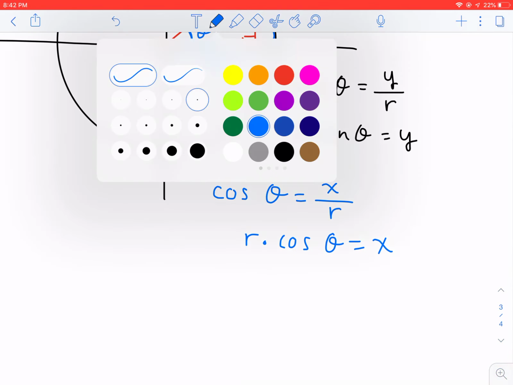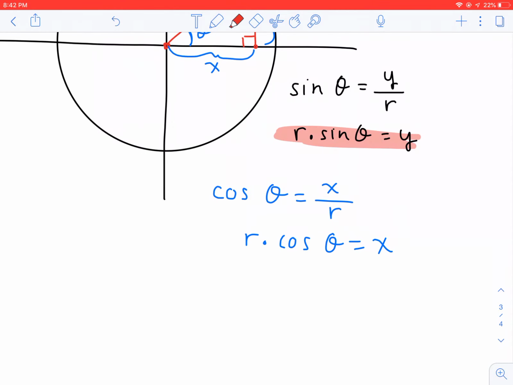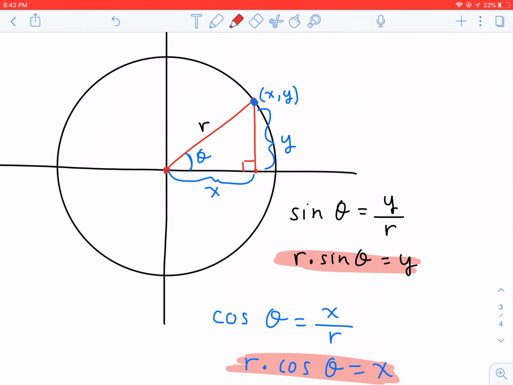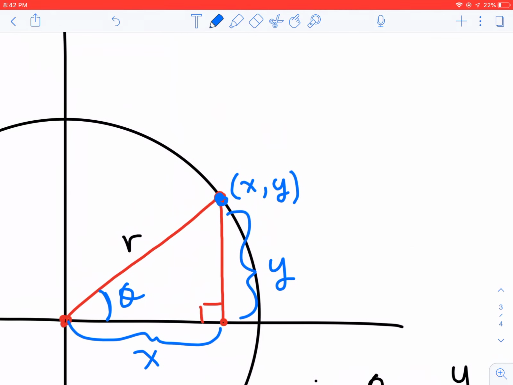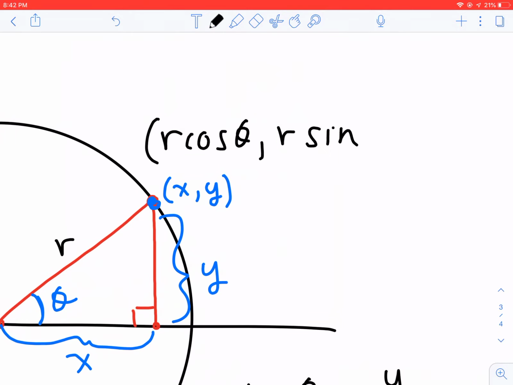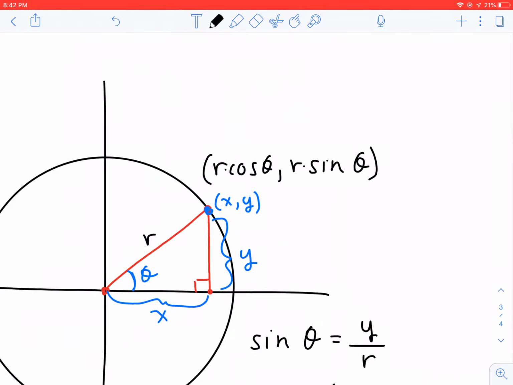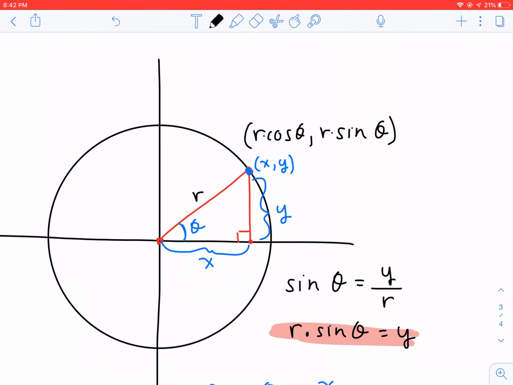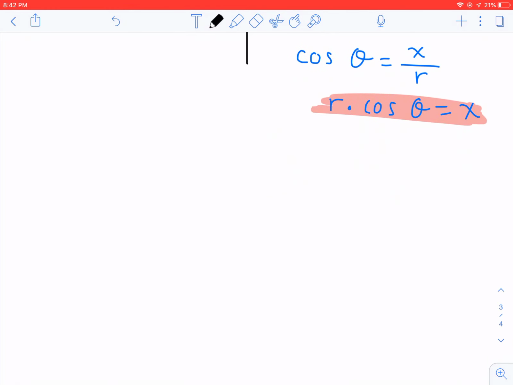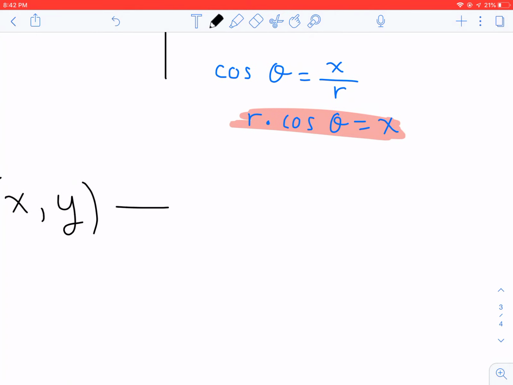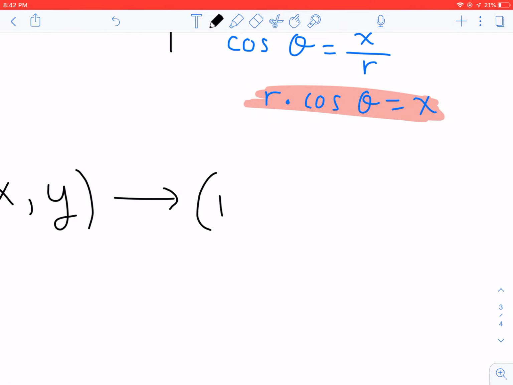And these are two really important relationships we see. So on a coordinate plane, x comma y, we can say that is the same thing as, well, we saw x was r cosine theta and y was r sine theta. This is probably quite a bit for a lot of you, but the main thing is I want you guys to see that any coordinate x comma y, on the Cartesian plane or the coordinate plane, can be written as r cosine theta comma r sine theta.